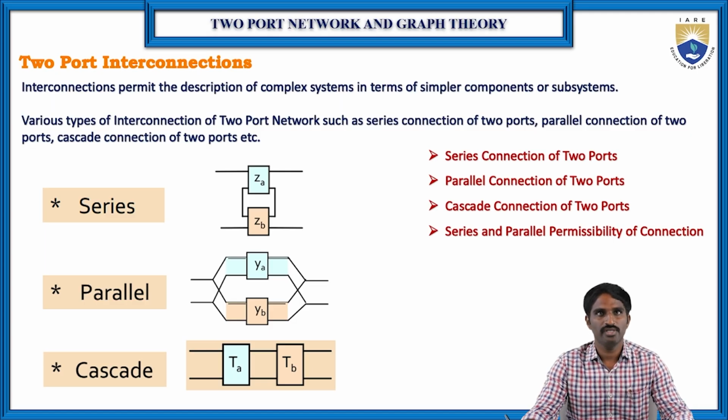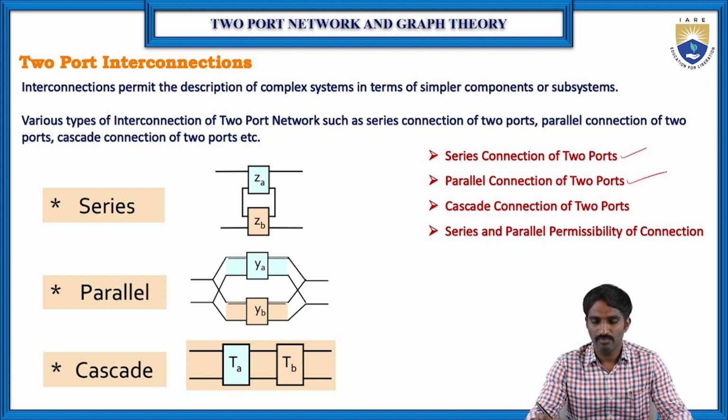What is the need of connecting the various networks together? Of course, there are various reasons to connect the networks together. The various types of interconnections of two-port networks are: one is the series connection of the two-port networks. We already know what is meant by series and what is meant by parallel.